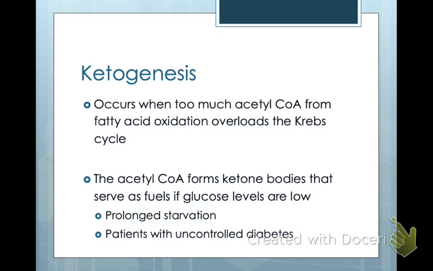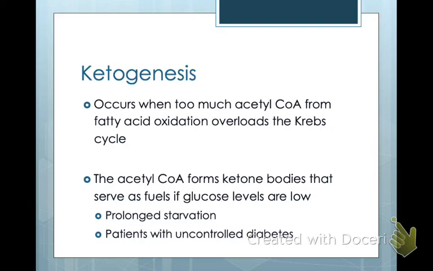So the next thing I want to talk about is a term called ketogenesis. This is just a biochemical process where our bodies, particularly the liver, produce what we call ketone bodies. Ketone bodies come from the breakdown of fats, and they're produced from excess acetyl-CoA.